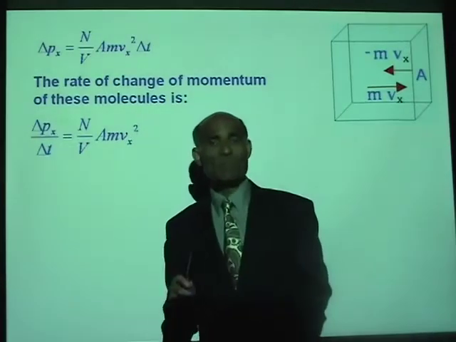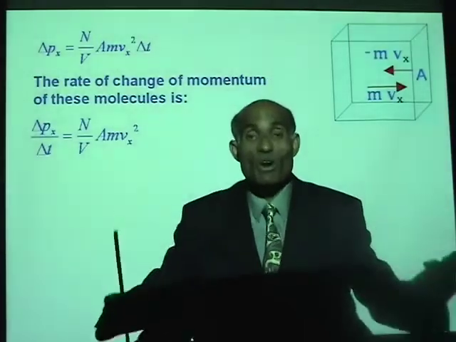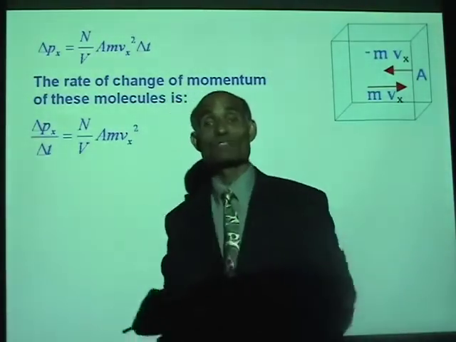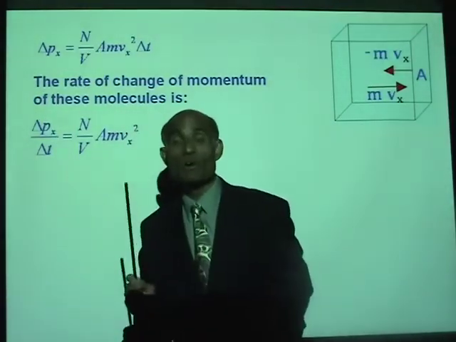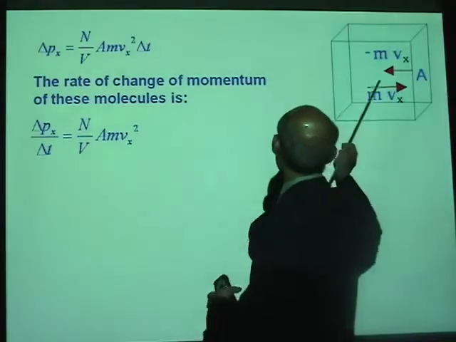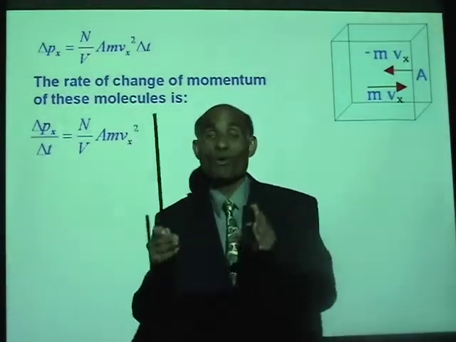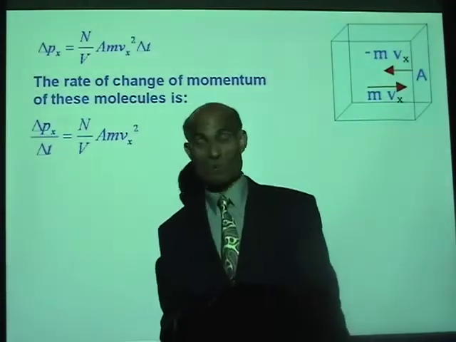Well, in the beginning I told you Newton's second law relates the rate of change of momentum to the net force. Is that right? So the rate of change of momentum of the molecules that reach the area A is a measure of the net force exerted by these molecules on the wall. Is that right?